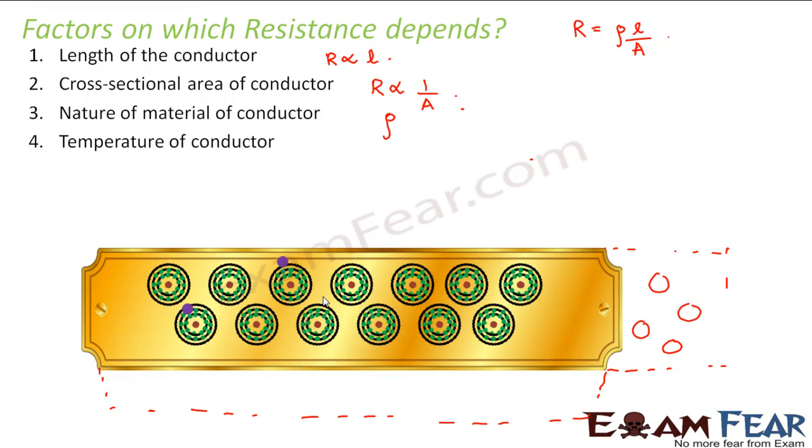As a result, the collision between the metal atoms and the electrons increases all the more. Since the collision increases, therefore the resistance also increases. So when temperature increases, these metal atoms, that is the positive ions here, also start moving. When they also start moving and the electrons are also moving, the frequency of collision increases all the more, and therefore the resistance increases.